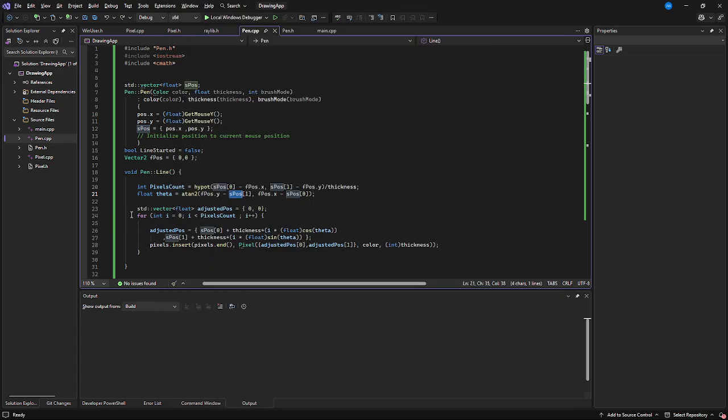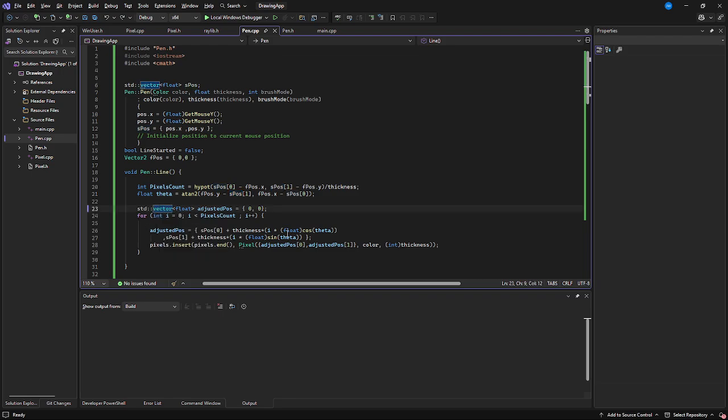Then I make this for loop: for int i equals 0, i less than the pixel count, i plus plus, which if you know C++ or C# or almost any coding language, you'll know what this is. And then I made the adjusted position: the safe position, which is the initial position, plus the thickness, which is the size of each pixel, times i, which is the pixel that we're on, times the cosine of theta for x, because this is a vector.